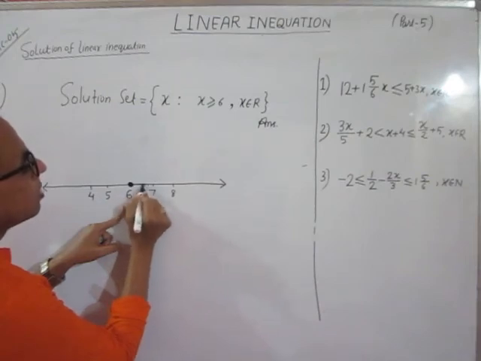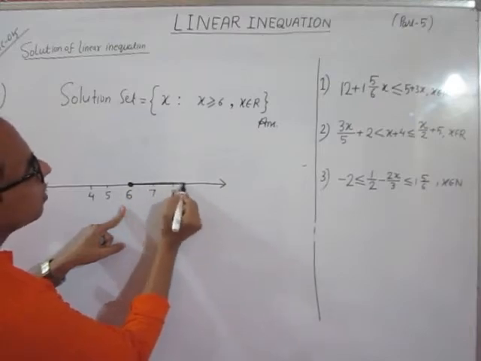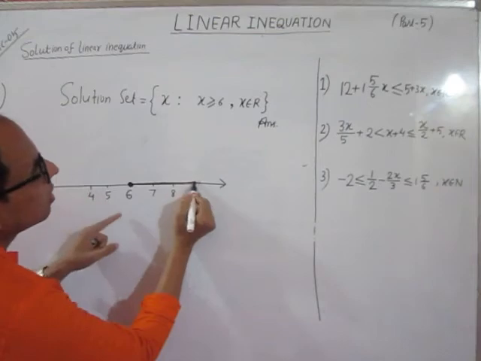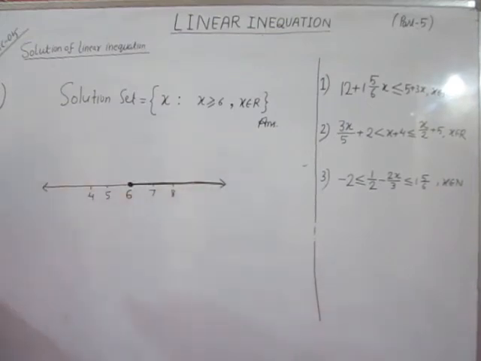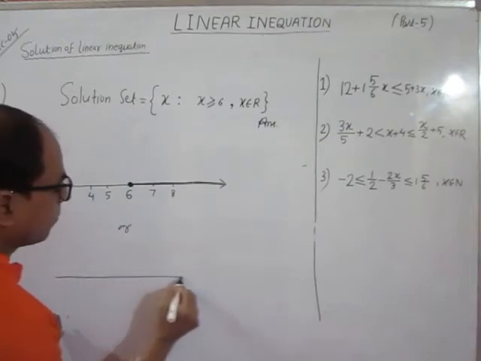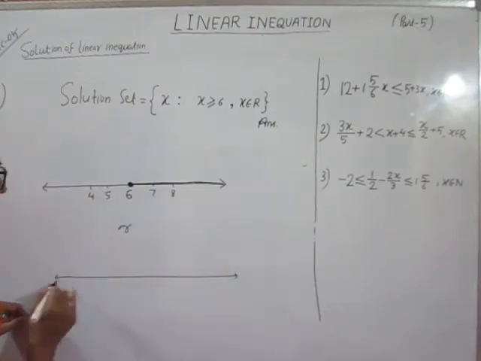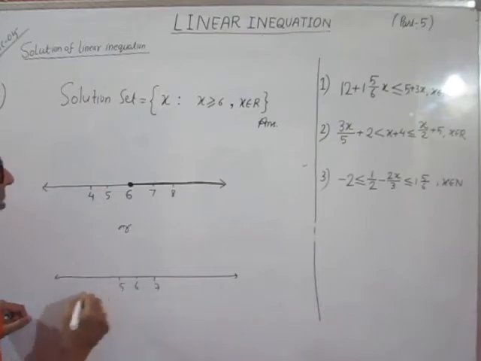So darken this part properly, this part of the real number line. Not this side, you have to darken this side. So this is the required solution. Now you can represent the solution in this form also. On the number line, 6, 7, 5.